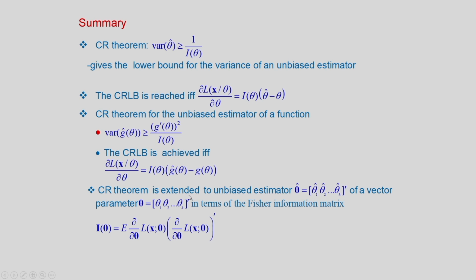CR theorem is extended to an unbiased estimator theta hat of a vector parameter theta, which is given by [θ1, θ2, up to θk] transpose, and it is given in terms of the Fisher information matrix I(θ). This is a matrix given by ∂L/∂θ, this is a vector, times ∂L/∂θ transpose. So, this matrix is the Fisher information matrix.